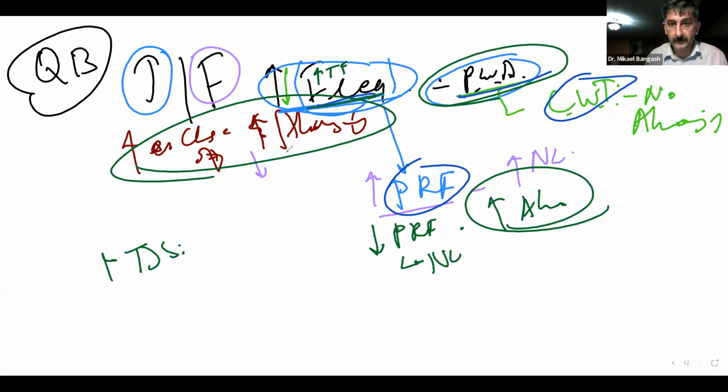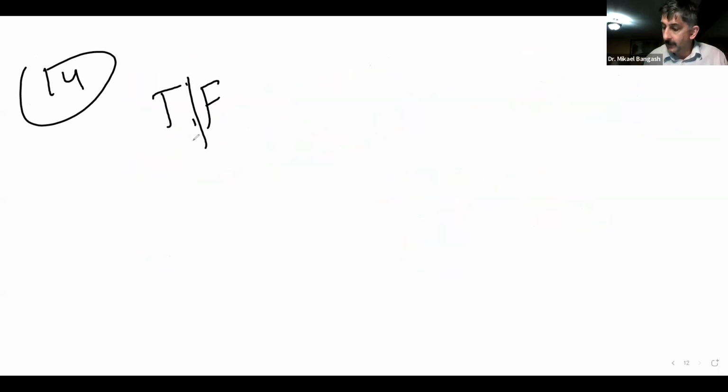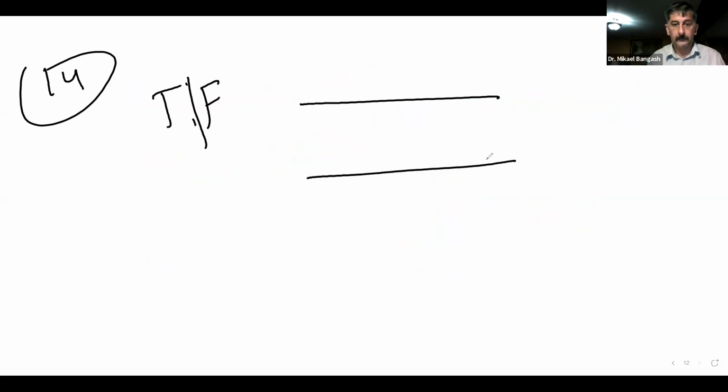Now, question 14. Again, true or false. Shallower sample volume results in more aliasing. Here we're saying sample window, and there's no question that it's pulse wave Doppler.